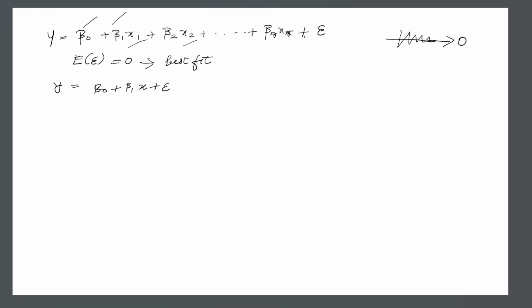Now we want to estimate the error using the sum of squares. How will we estimate the error? The error can be estimated by y minus beta naught minus beta 1 x1. Here only one x is there, so we will write it as x.